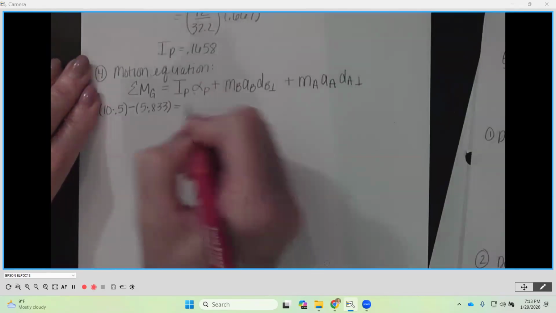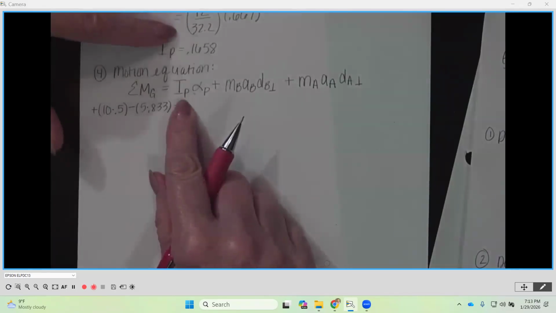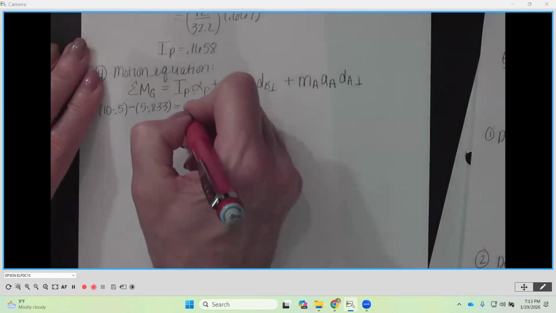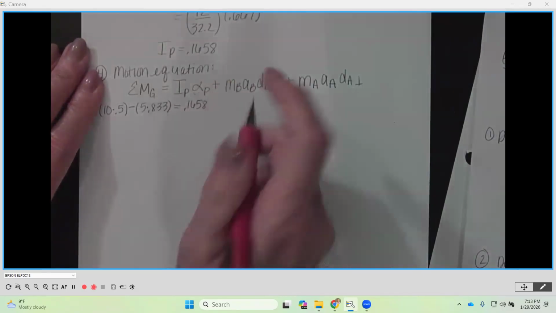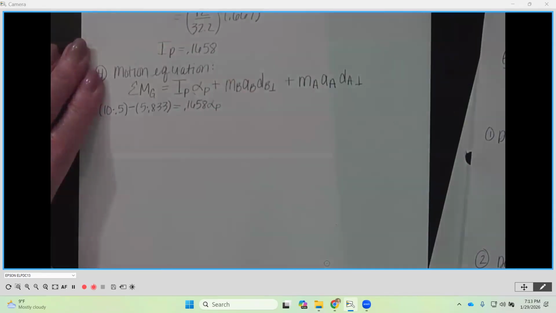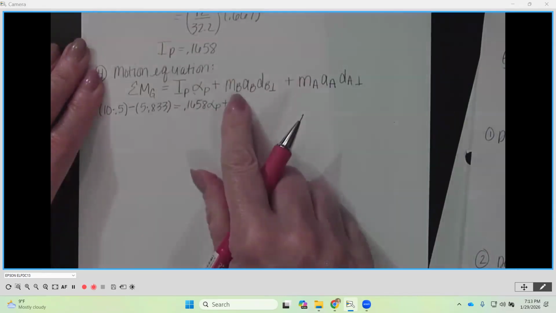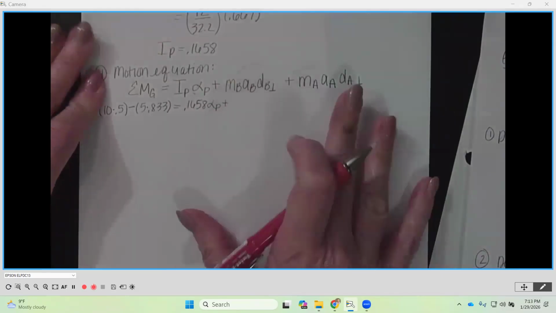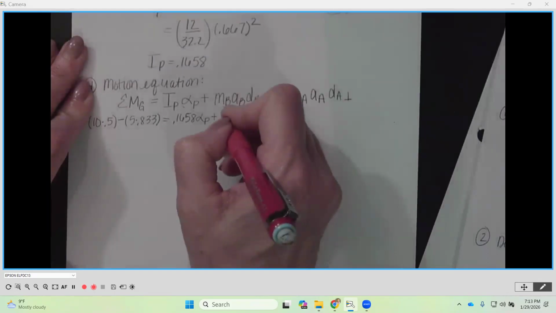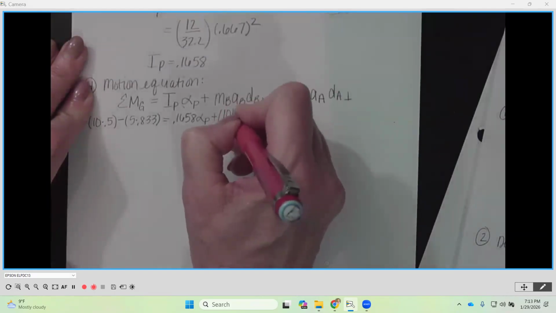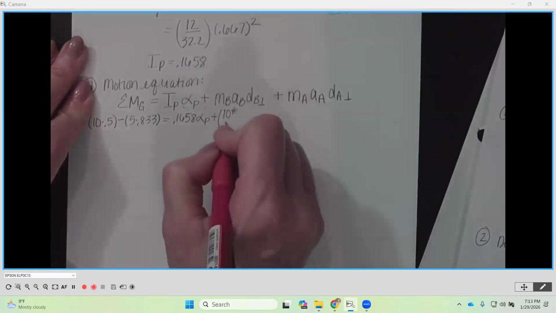Okay, so now we're going to set that equal to, and our moment of inertia is going to be 0.1658 times alpha p. Okay, that's unknown. Plus mass of B. We don't know the mass of B, but we do know mass is equal to weight divided by gravity. We know the weight of that block is 10 pounds, and I'm only going to put pounds here so we know why it's there.